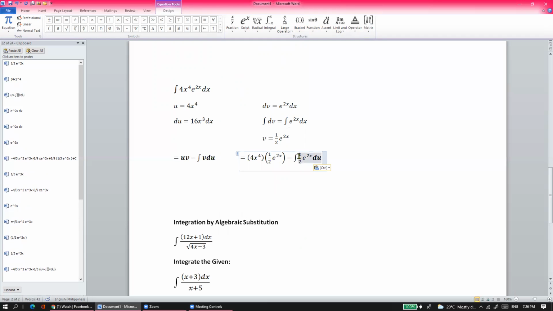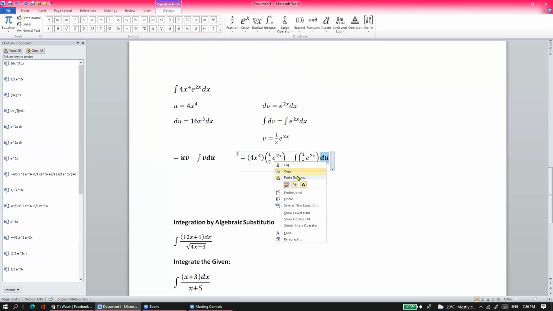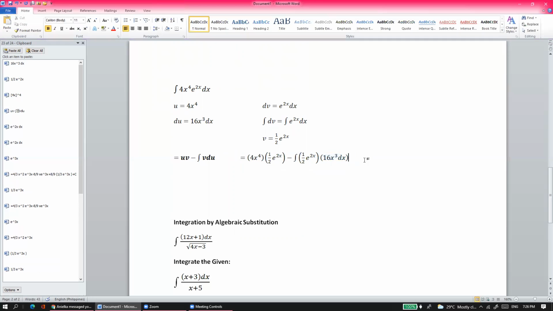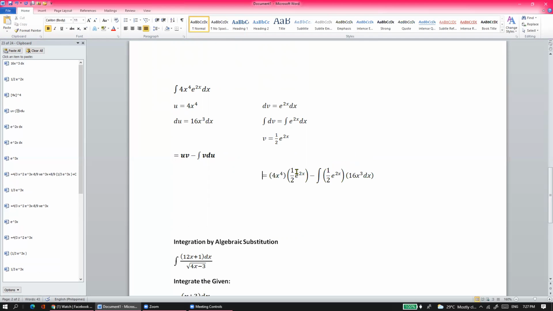And then, saka din natin lagyan ng parenthesis. Same thing lang. Then, let's proceed to du. Ang du is 16x cubed dx. Papalitan na natin yung du. And then, we input again a parenthesis. And that's it. So, ganyan lang siya kasimple.